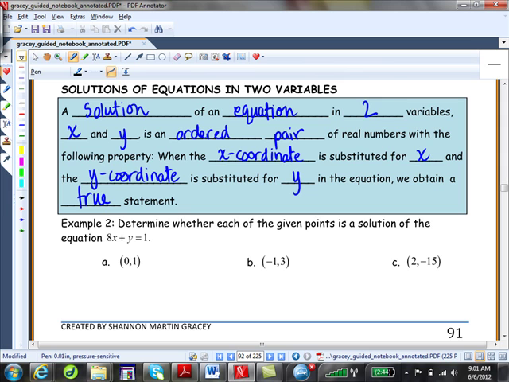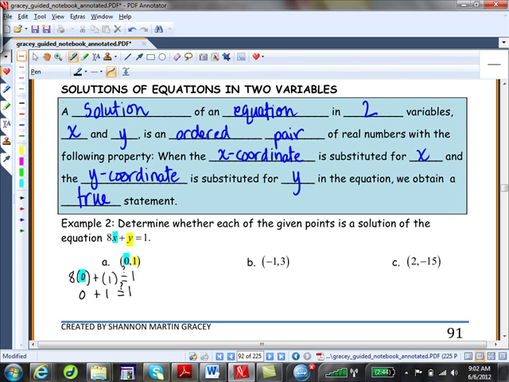So let's check it out. 8 times 0 plus 1. Is that equal to 1? So I plugged in my 0 for x and 1 for y. So I get 0 plus 1.